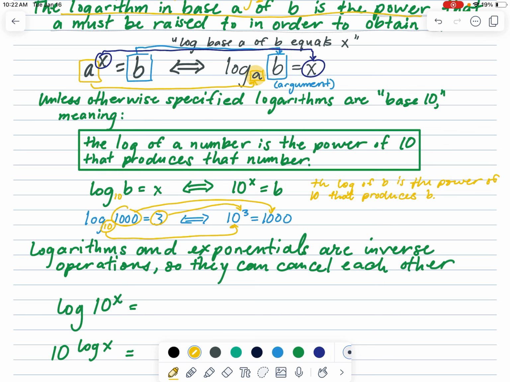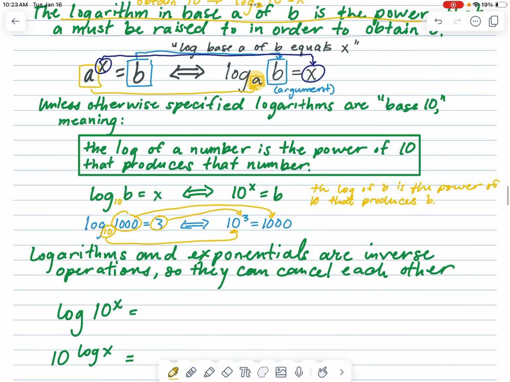Logarithms and exponentials are inverse operations, so they can cancel each other. And that's really the main reason that logarithms exist, so that we can have a different form, a way to cancel out exponentials and solve for variables that are in the exponent. You can see here that since we have log with an understood base of 10 of a power of 10, the log base 10 and the power of 10 cancel each other out.